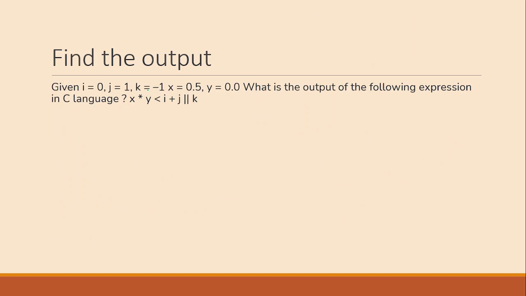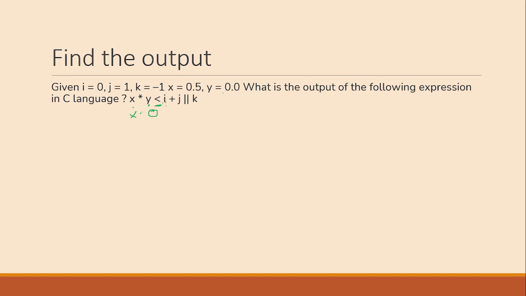Now before the arithmetic operation, the relational operation will get executed. So in this case the relational operator y less than i. The y value here is 0, the i value is 0, 0 less than 0 is actually false, so it will be 0.